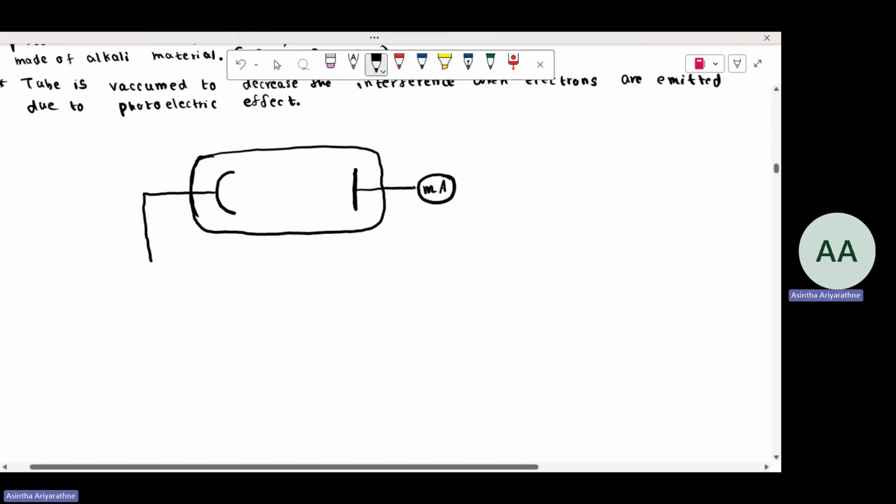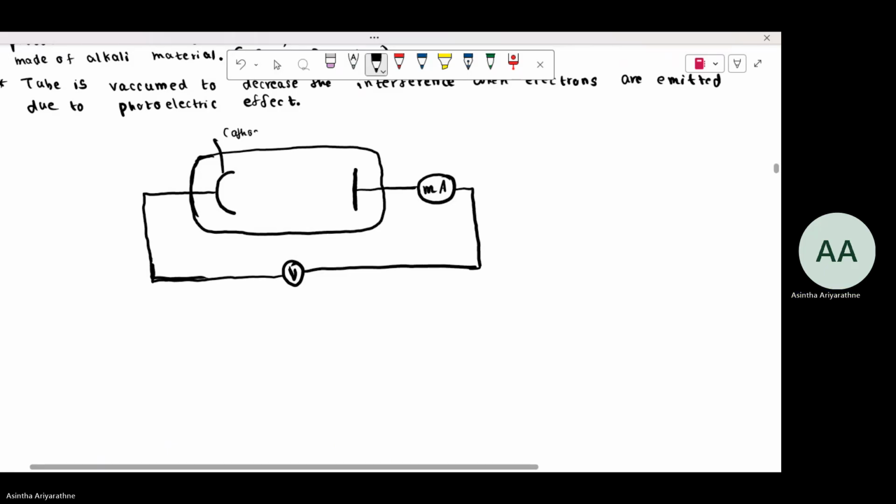A milliammeter is connected in series to measure the current, and a voltmeter is also connected in parallel to measure the voltage difference. These are two metal plates: the cathode and the anode.